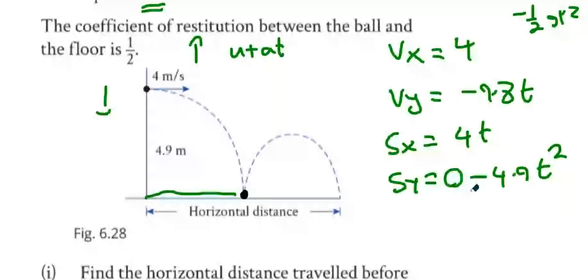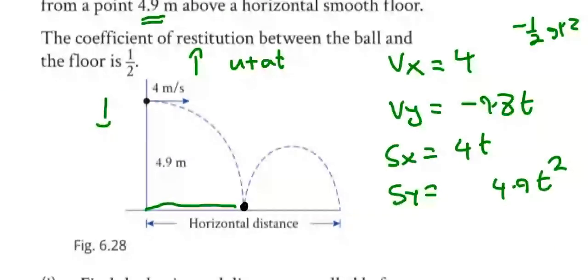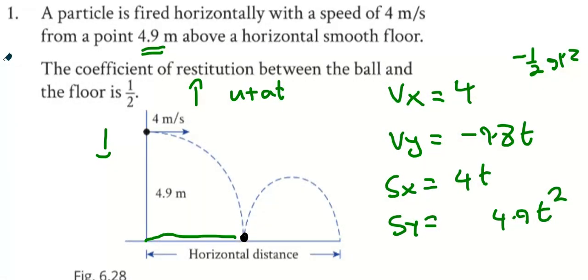Now, is there any information they gave me about how far above the ground they were? Ah, there we are. 4.9. So see this line here? That's s equals 0, because that's where you begin. So what happens when I land here? S equals minus 4.9.